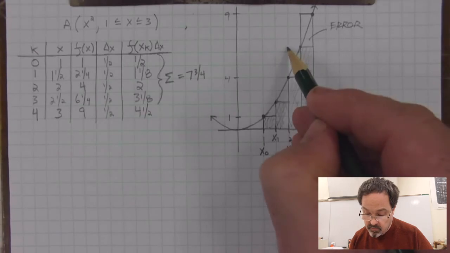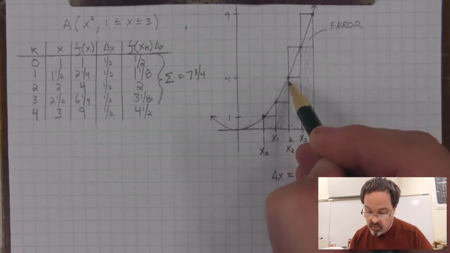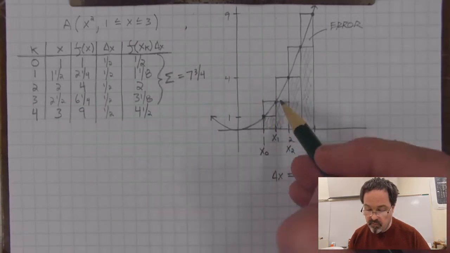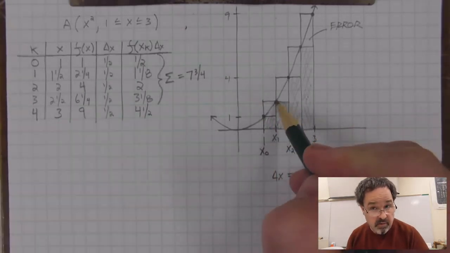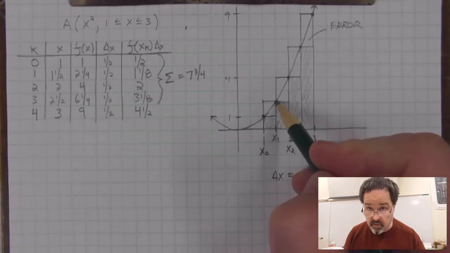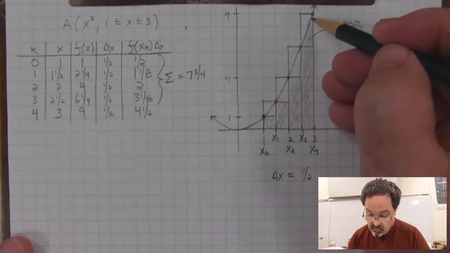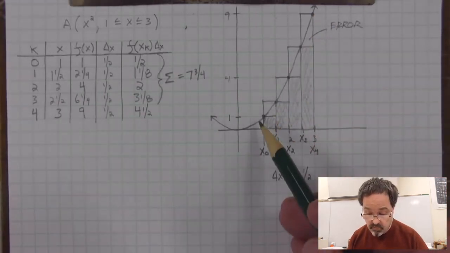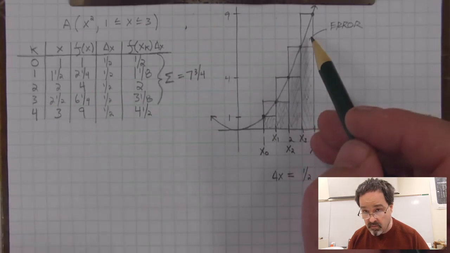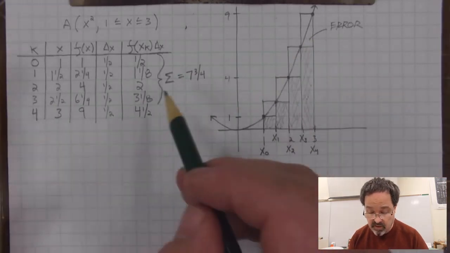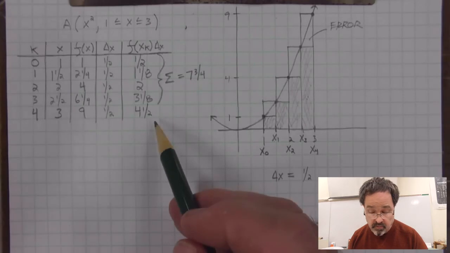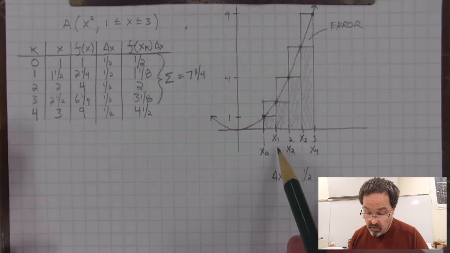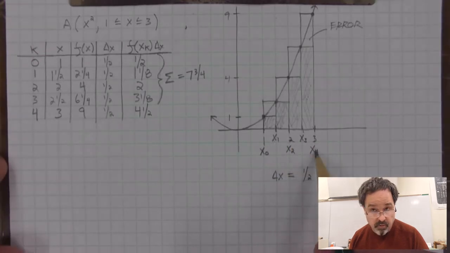And I can continue to use function values to produce rectangles whose function values are found by the values being on the right side instead of the left, which means that these rectangles are always higher than the curve. They produce an error that is an overestimate, and in my table, the rectangles that I'm adding together have heights that are located at k values of 1, 2, 3, and 4.